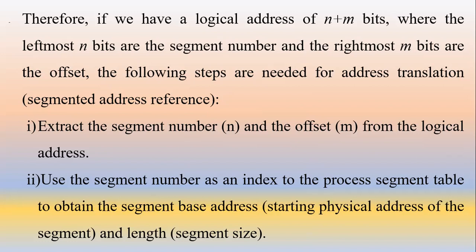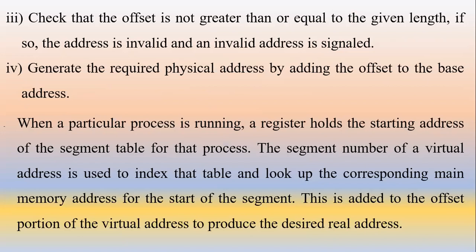And then from the process or segment table, you use the value you get as an index, which you are going to use to identify the specific segment in the physical memory. So number 3 is check that the offset is not greater than or equal to the given length.